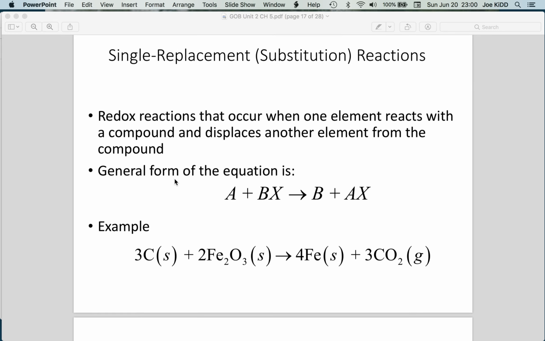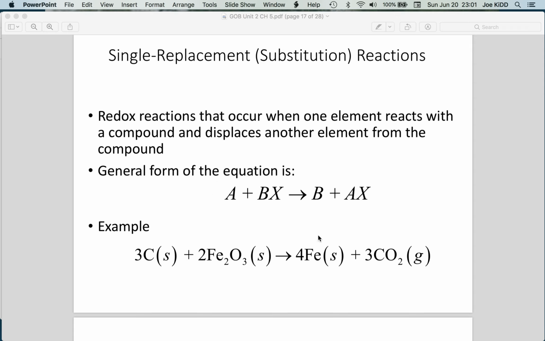The last two things that we're going to talk about are single replacement reactions and double replacement reactions. As I said earlier, depending on the resources you use, single replacement, double displacement, single displacement, and so forth. So displacement or replacement, same thing. So in a single replacement reaction, this is kind of like a really sad date.